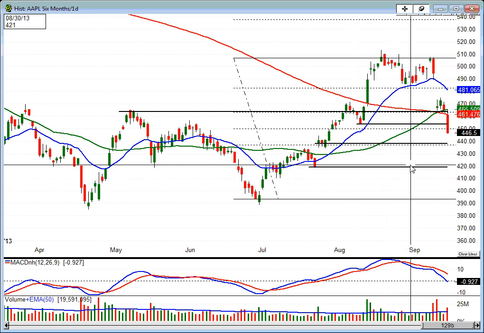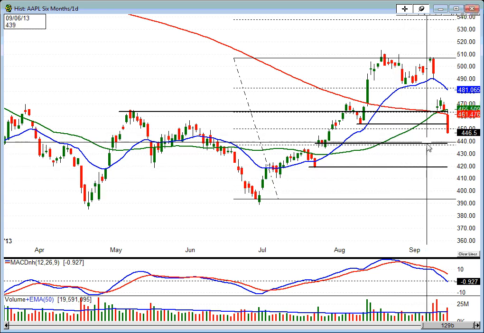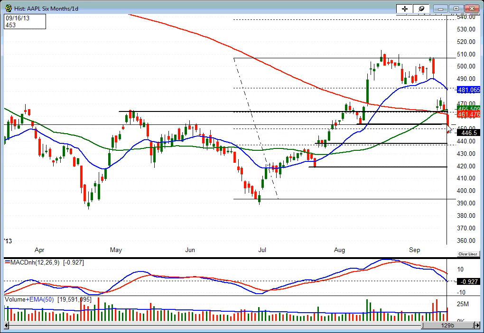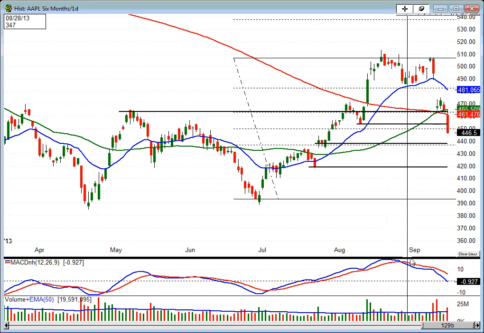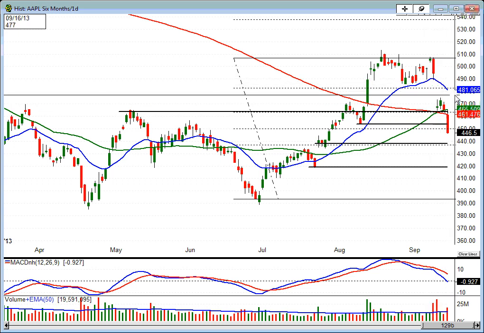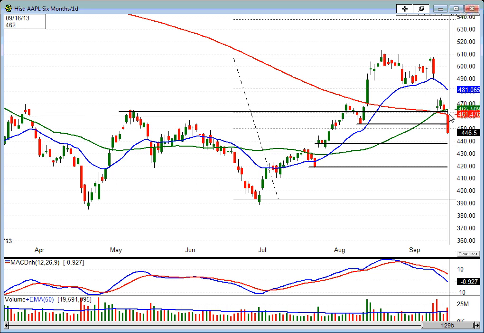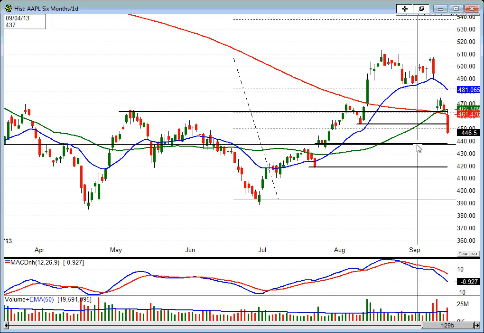I could be wrong, but right now I'm still keeping an eye on that to play out. So that's where some of the possibilities are for Apple in the coming days, because the MACD is still fairly negative, and you can see the 20 EMA is kind of rolling over, and the 200-day is still declining. So much for that golden cross thing.